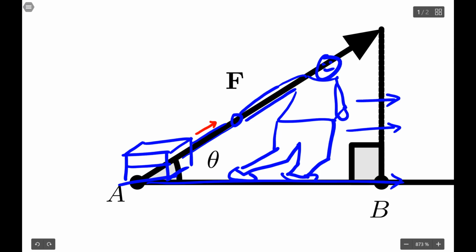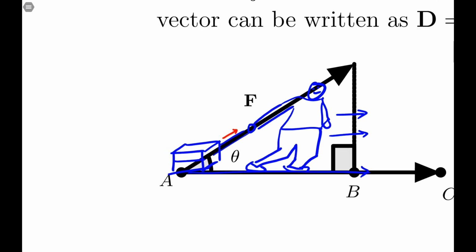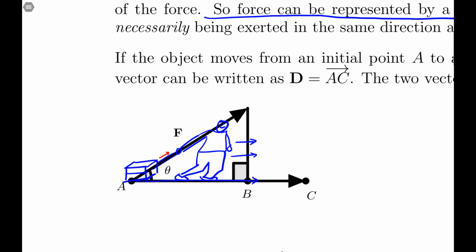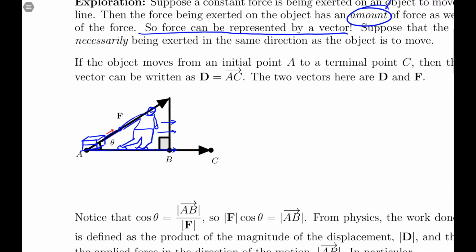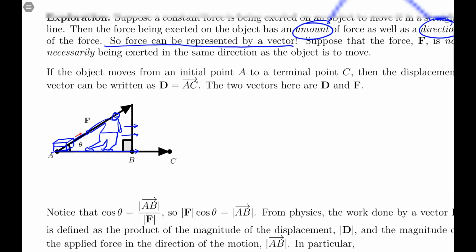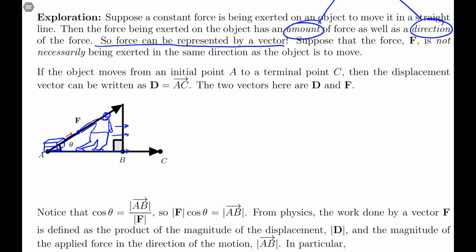It's being actually pulled upward a little bit. It's definitely not being pulled this way. It's being pulled upward, and the box is not necessarily moving upward. The box is moving to the right rather than diagonally up and to the right. So here's an example of an object that has a force being exerted on it to move it in a straight line, but it's actually not being moved in the exact same direction as the force is moving.